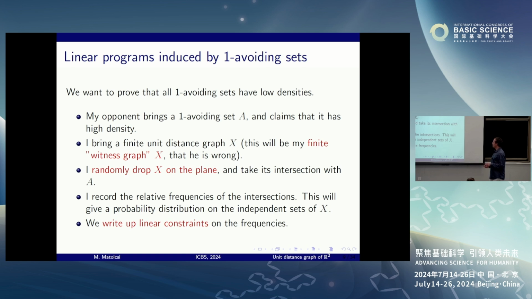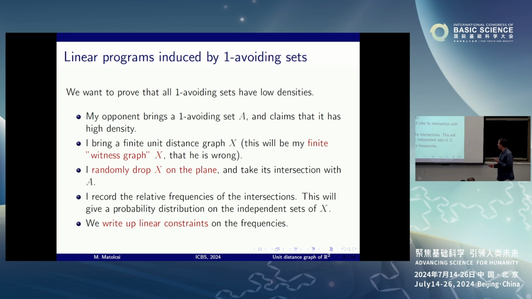So what I'm going to do is I randomly drop my graph on the plane, rotated, translated copies. Randomly really needs to be defined mathematically precisely, but let's jump over it and just assume everyone knows what it means. You randomly drop it on the plane, and then you take its intersection with the one-avoiding set A. And then we record the relative frequencies, and we write up linear constraints on these frequencies.